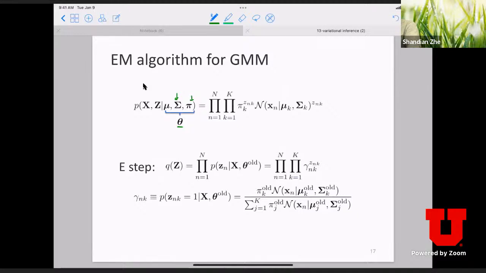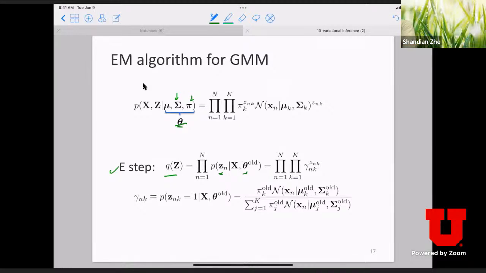So first come to the E step. Suppose we have already got our theta, right? So we know that when we set the Q of Z to be the posterior of the data points, given the current model parameters, it will make your lower bound reach the true model evidence.